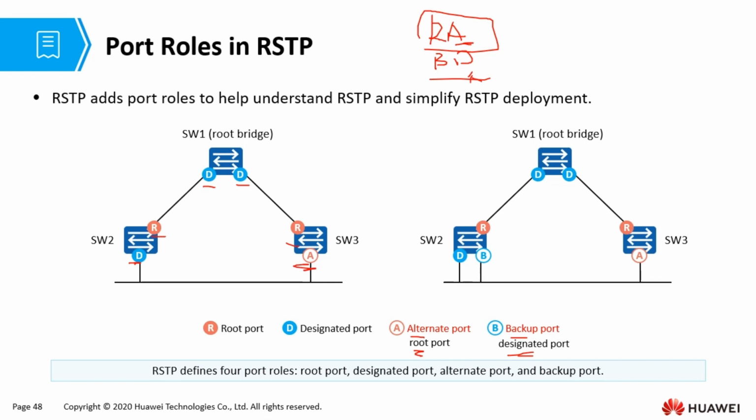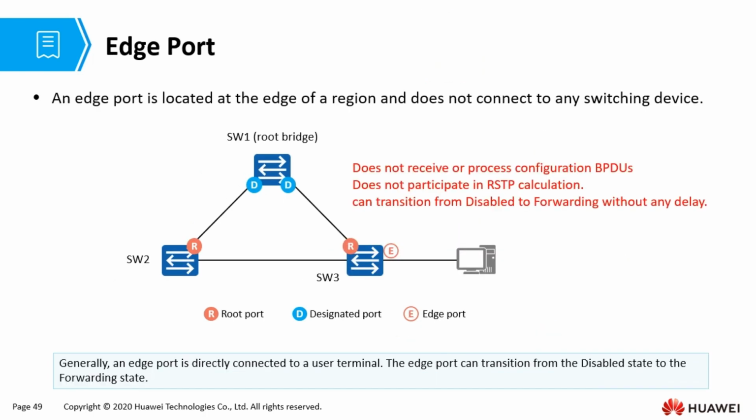Under RSTP, there is an extra port, the backup port, to back up your designated port. They also introduce another new port, the edge port, which is directly connected to a host. But remember, this edge port does not receive or process any configuration BPDU. It does not participate in the RSTP calculation, and it can transit directly from disabled to forwarding.